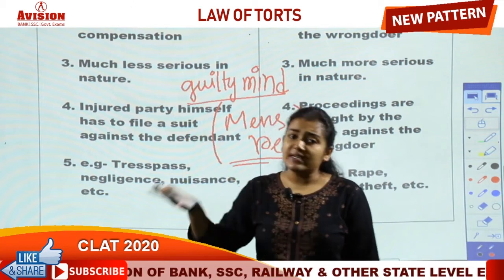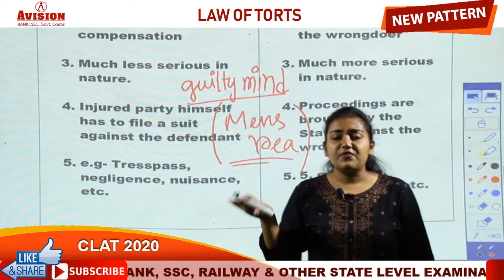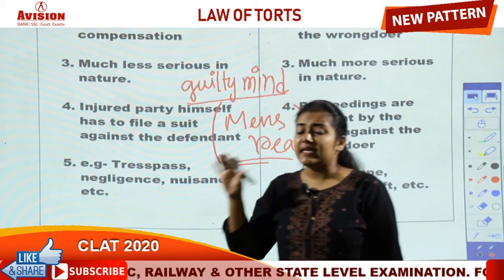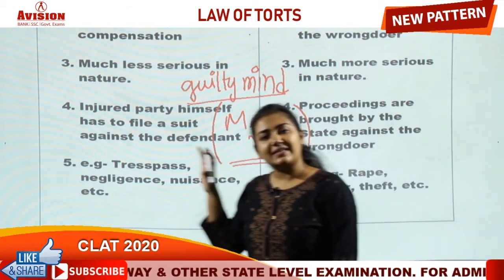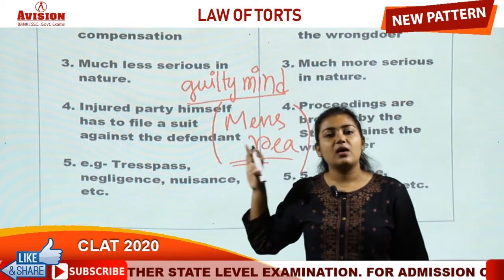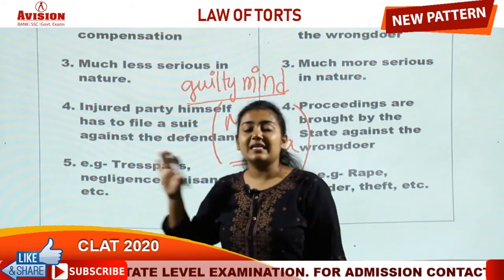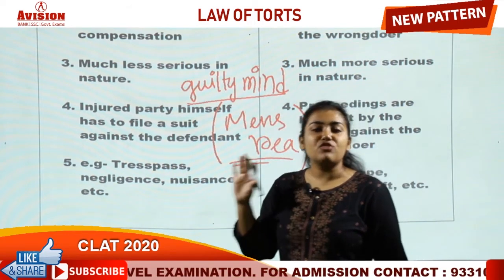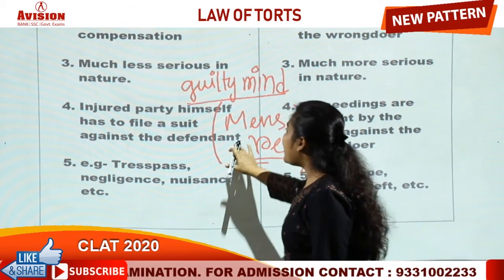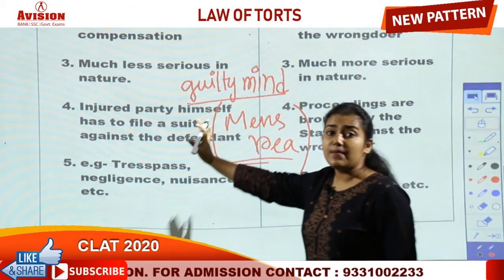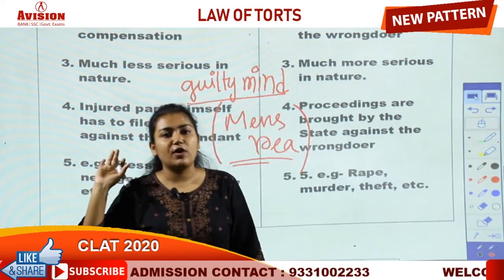If he was not having a guilty mind, if he did not want to do that crime or cause that harm to the injured person, then he is not guilty of a tort. So mens rea, that is guilty mind, is very essential for a tort.